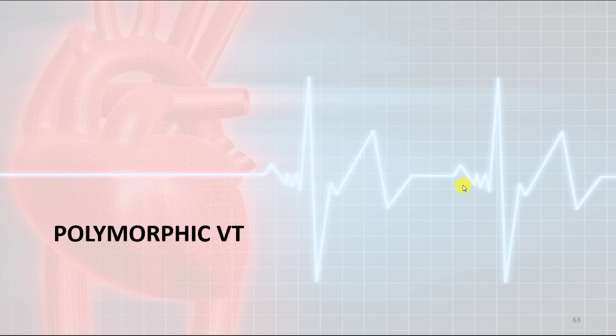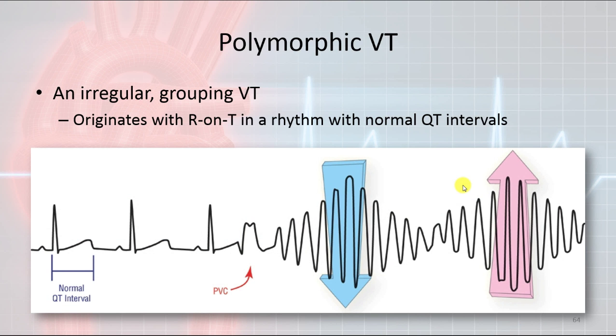Polymorphic VTachs. Polymorphic VTach is an umbrella term which describes a ventricular tachycardia that is not regular. So it is an irregular grouping of ventricular tachycardia.